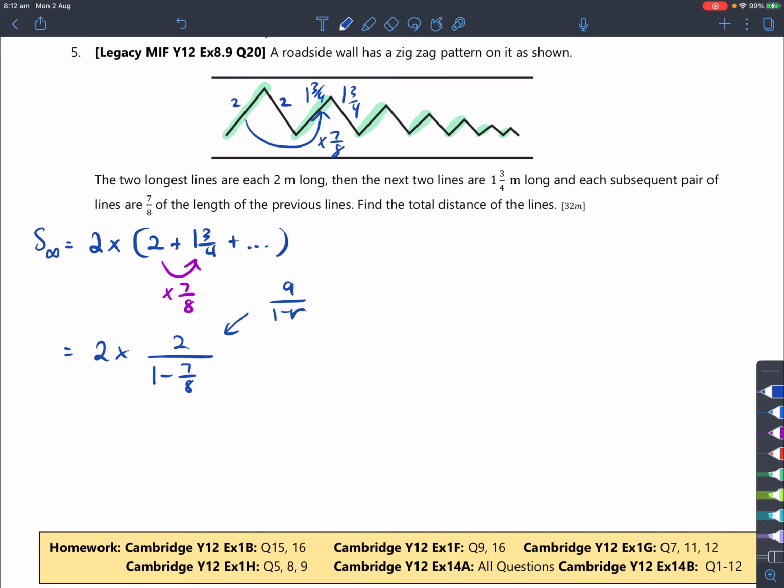Okay, doing this on our calculators, or even in our heads if you wanted to. The bottom part is going to be 1/8. 2 over 1/8 means the same thing as 2 times 8, which is 16, and that will give you 32. Okay, so that's the total distance of the lines after we add them all together.